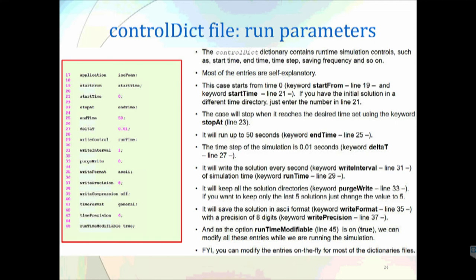What is the time step for which every new iteration takes place? So if you have a very coarse mesh, then deltaT can be large. But if you have a fine mesh, meaning a lot of nodes, a lot of vertices in your mesh, or if your case fails, then you need to decrease the value of deltaT.